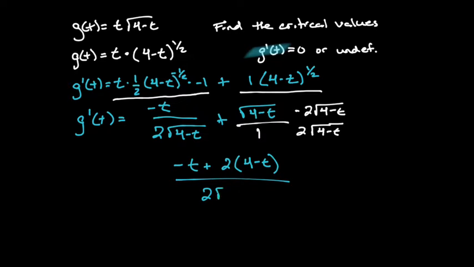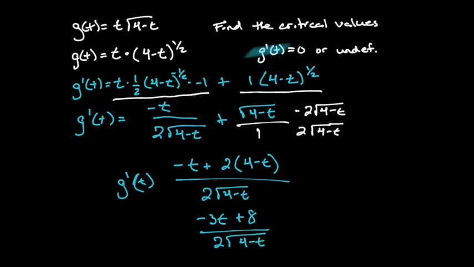That's going to be all over 2 root of 4 minus t. Which, if I simplify even more, I could write as negative 3t plus 8 all over 2 root of 4 minus t, right? No big deal.